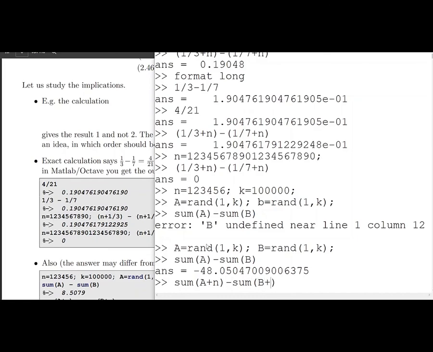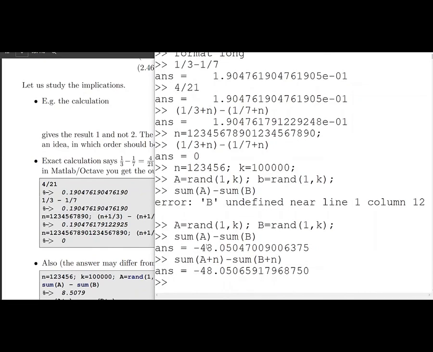Plus n again, and now we should get the same result, minus 48. But what is the result? It's minus 48, but from that digit on, things go wrong.